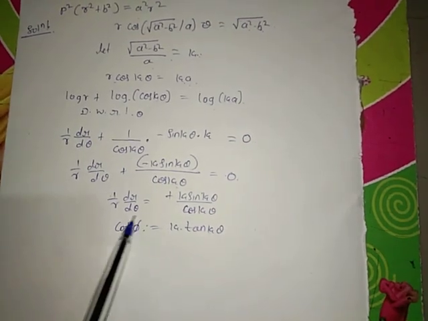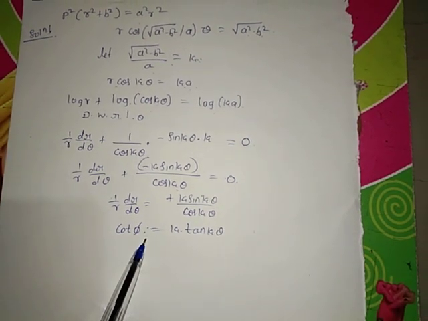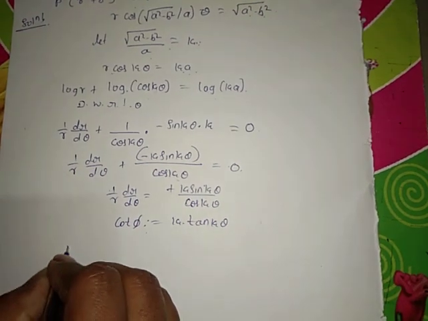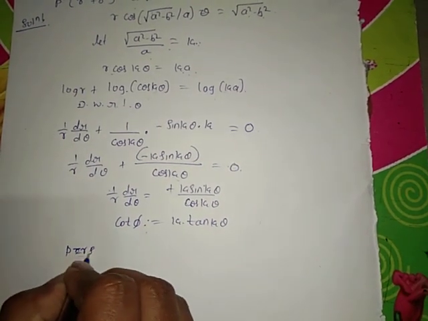Here phi cannot be obtained explicitly. So if we cannot obtain phi explicitly, then consider p equal to r into sin phi.